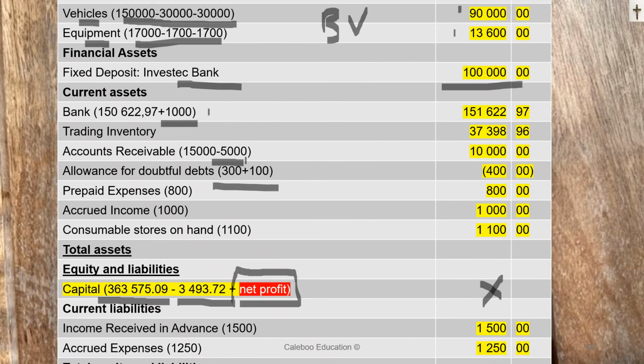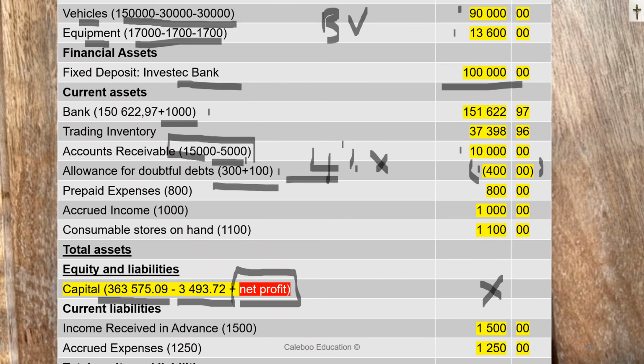The allowance for doubtful debtors was 4% of 10,000, which is 400, and we made the adjustment. This is how I've recorded it. Accounts receivable now is 10,000, but a true reflection of accounts receivable will take off, that's why I put that in brackets there, the 400.